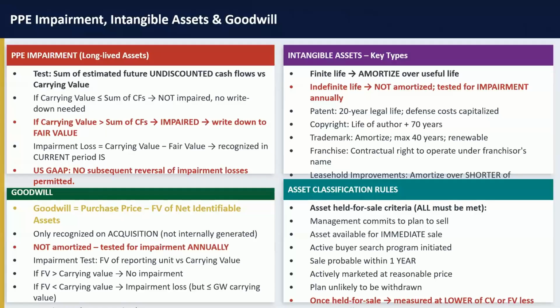Then comes leasehold improvements. What happens here? You have to amortize for the shorter of the lease agreement period or the leasehold improvements' life. Suppose, for example, I have taken a building on lease.